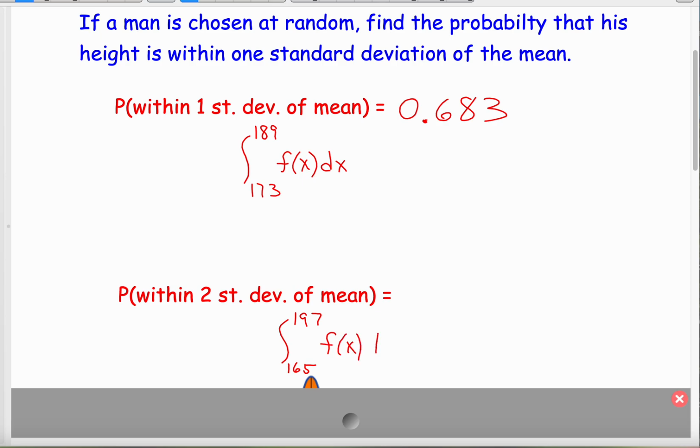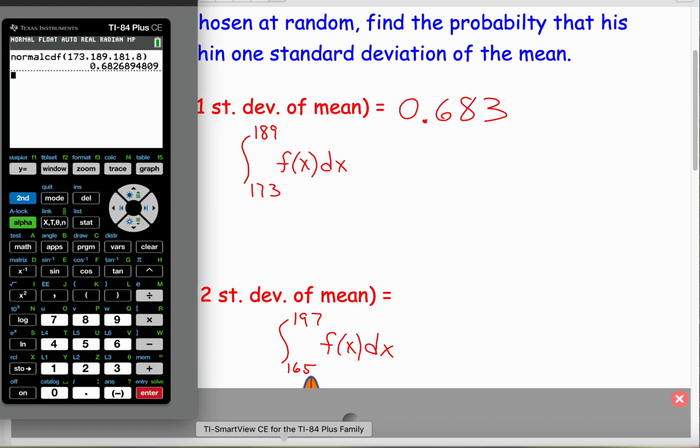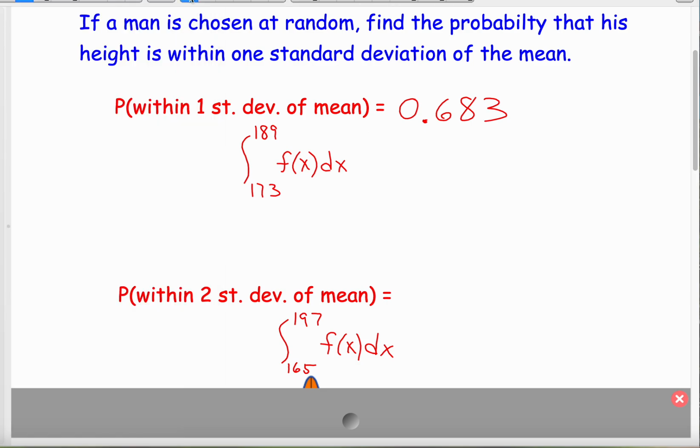Then we'll grab our calculator and punch that in. I'm just going to hit second enter instead of going through all the menus again. I'll change that to 165 for the lower bound and 197 for my upper bound. And I get 95.4%, 0.954. And these should be approximate. It's not exact.